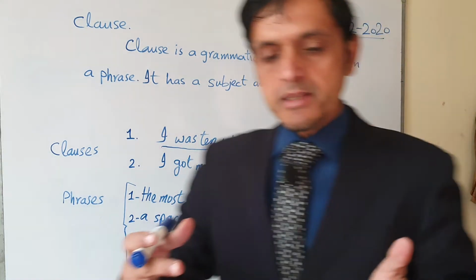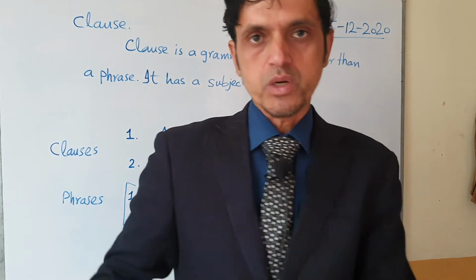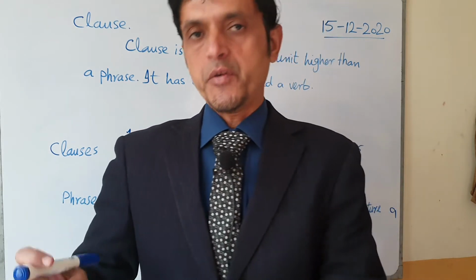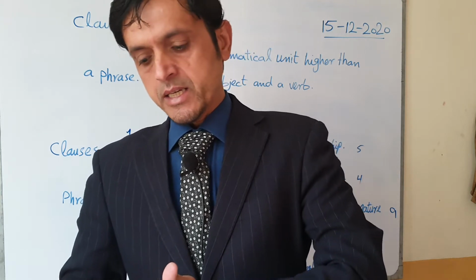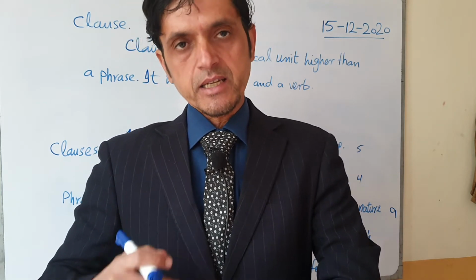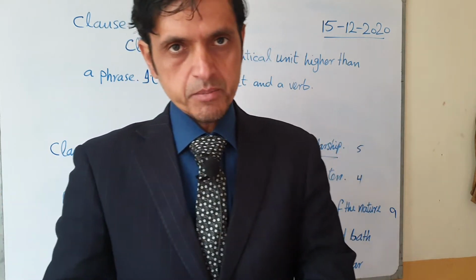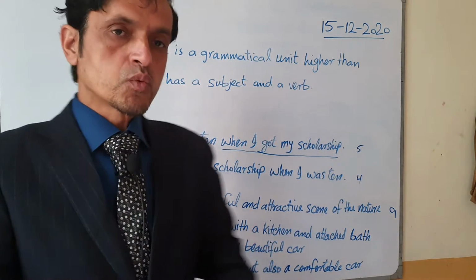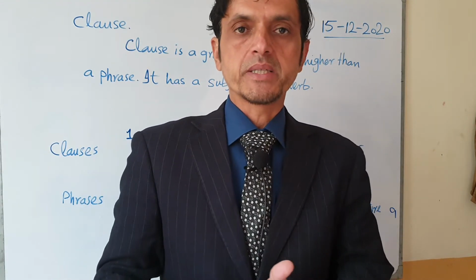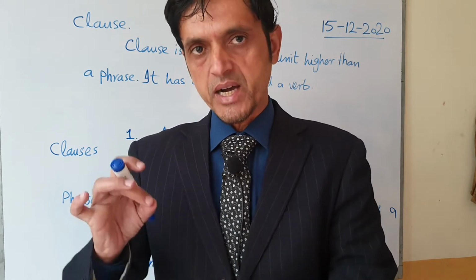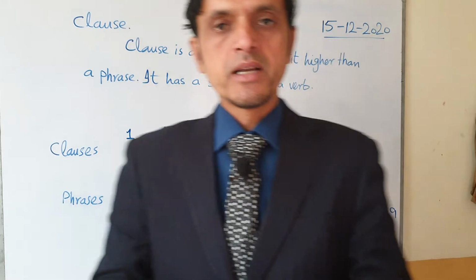Now you see, in this construction you have 9 words, but still it is a phrase, not a clause, because it has neither a subject nor a verb, even though it has more words. But the basic requirements or the basic signs of a clause are not available here, and they are a subject and a verb.